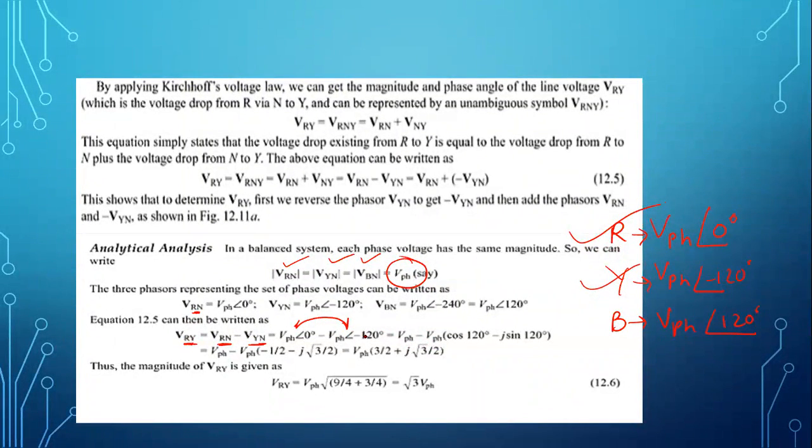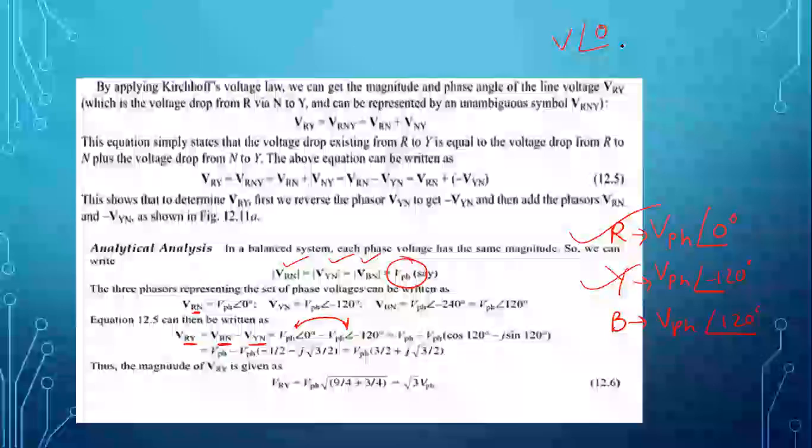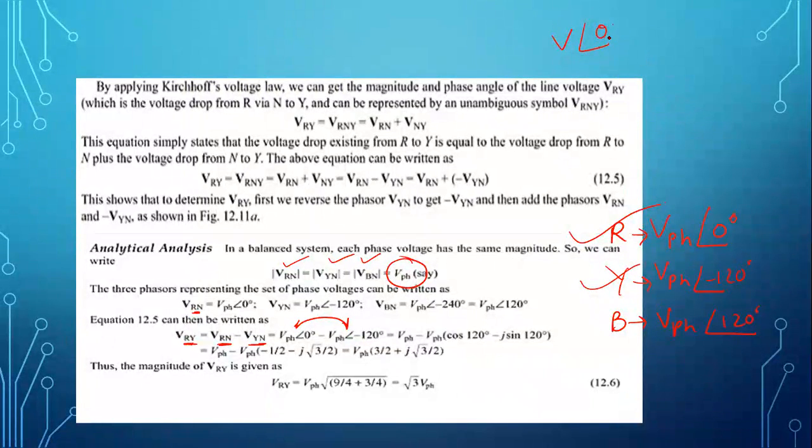So this minus 120 degree, suppose this is in terms of V at an angle theta. So we can write this as V of cos theta minus j sin theta.